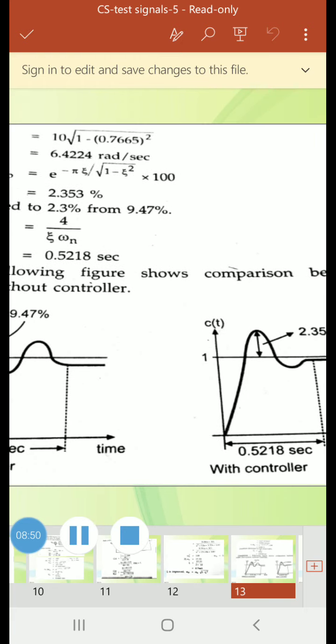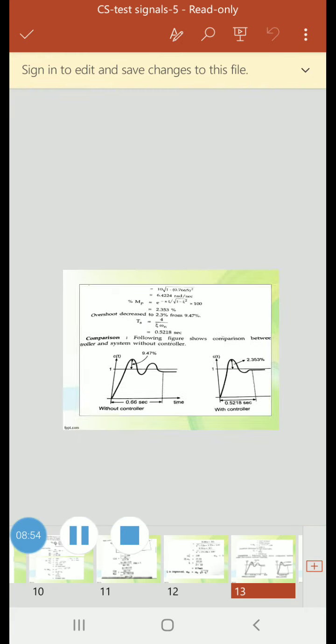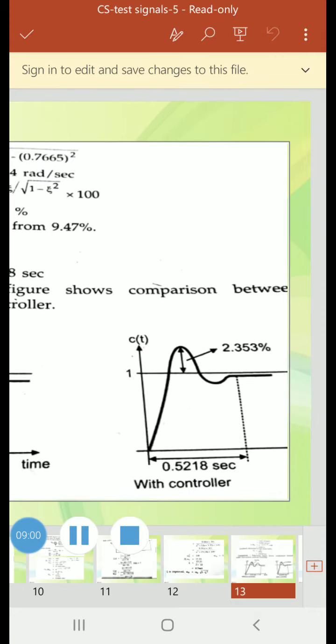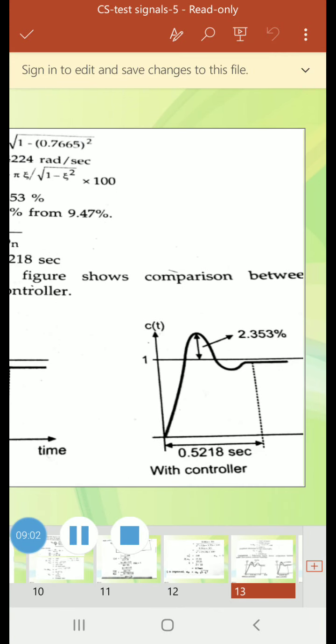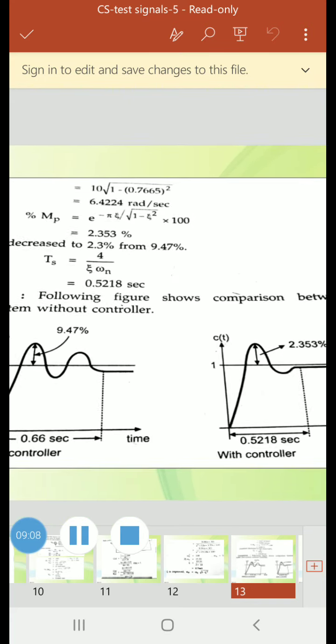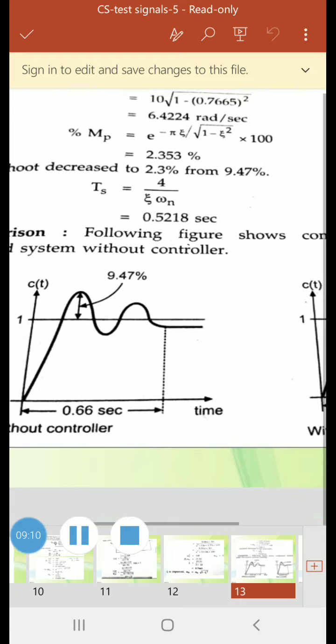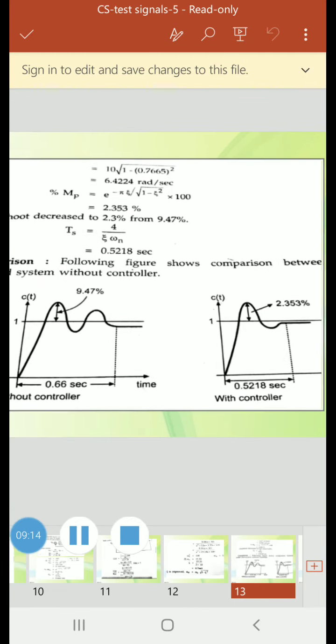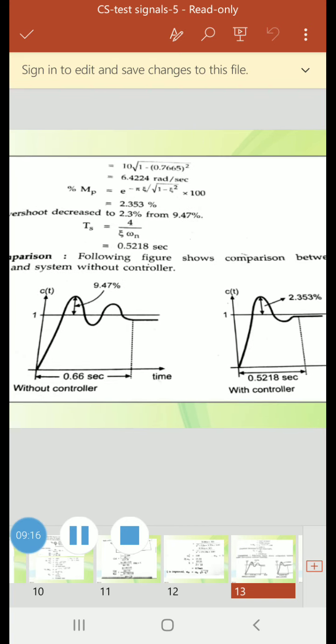Here Ts is 0.5218 with controller, and the overshoot has come down to 2.353%. So this shows the comparison between with and without controller. So you can see it.